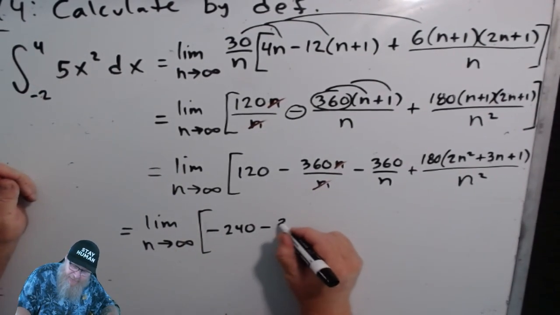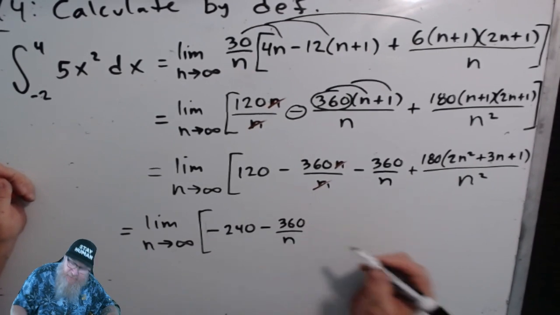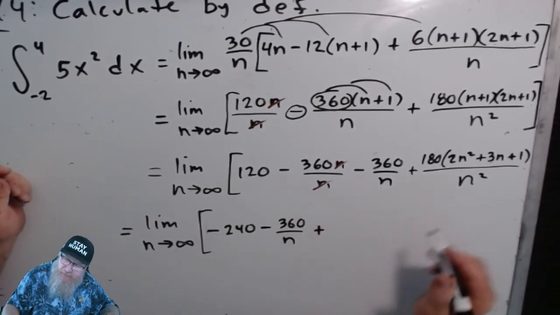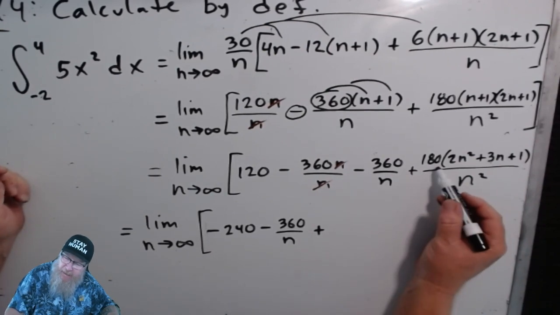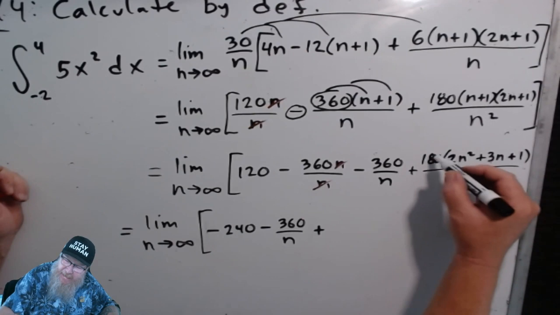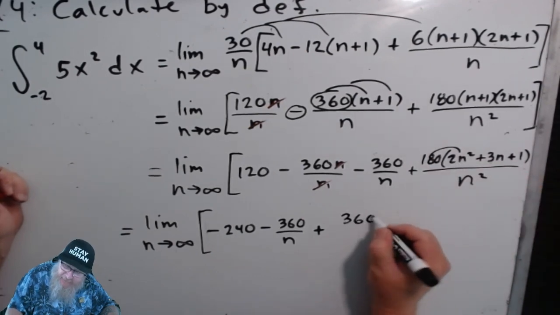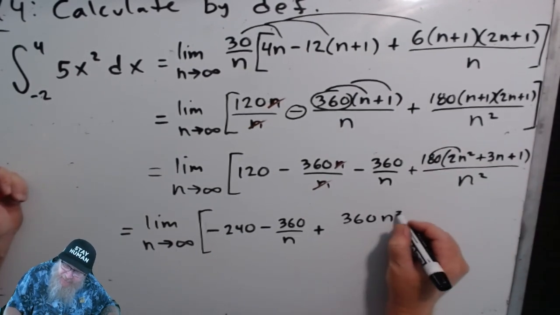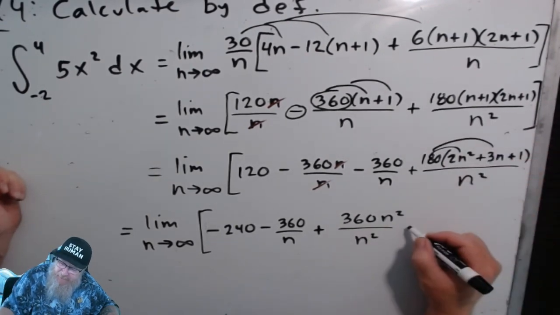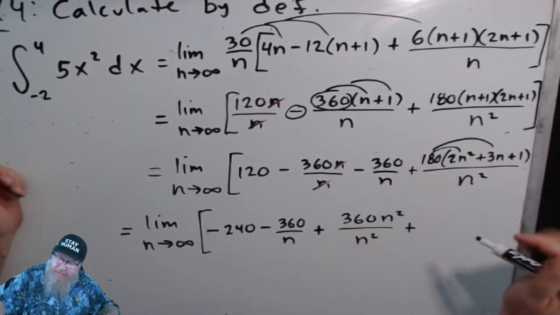All right, minus 360 plus, oh, I think we'll be okay. 180, this is gonna resolve it right here. 180 times 2 is positive 360. There it is. n squared over n squared. 180 times 3.